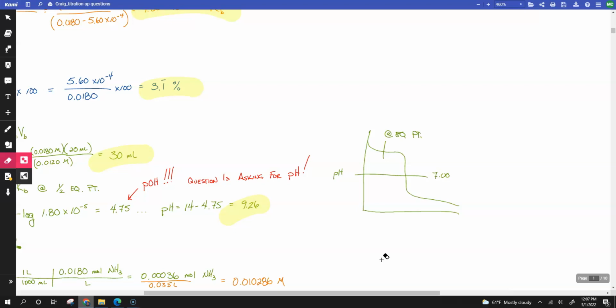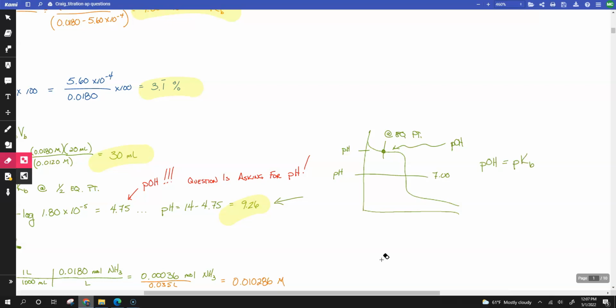So when you find that point, there's our pH value, the 9.26 that we just found, and we want to convert that to the pOH. Because once we find the pOH, the pOH is going to be equal to the pKb. That really can help expedite the process here.